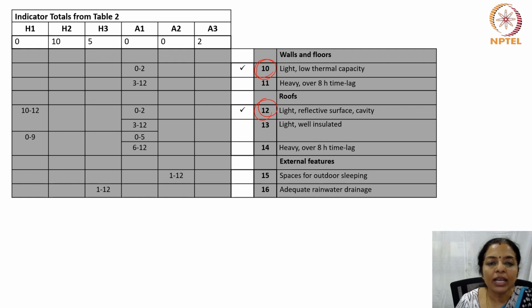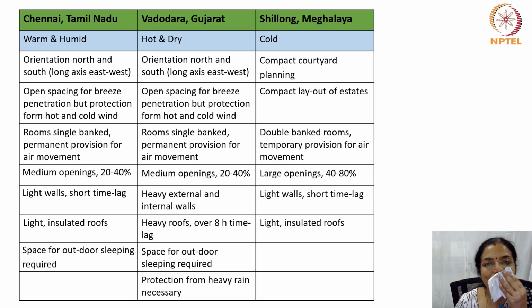So after this, what we will do is we will compare all the recommendations for the 3 climate types. Now, if you see the comparison, we see Chennai is warm and humid, Vadodara is hot and dry, and Shillong, Meghalaya is cold.